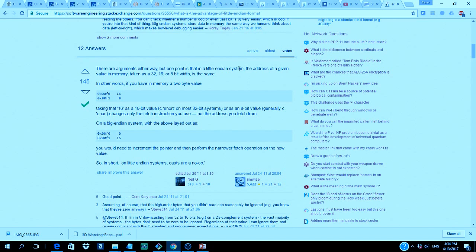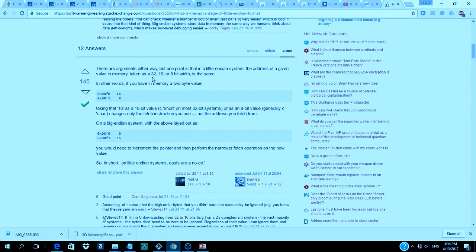One point is that in a little endian system, the address of a given value in memory, taken as 32, 16, or 8, is all the same, right? Why is it the same?